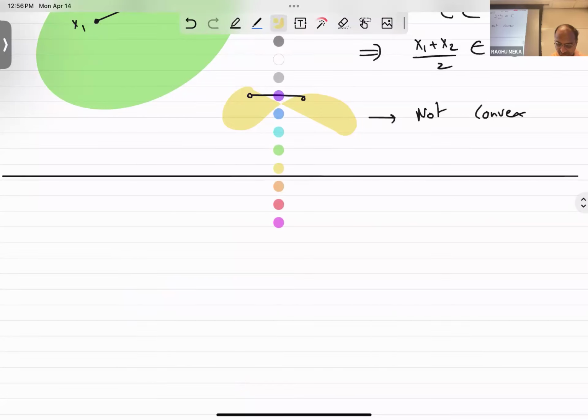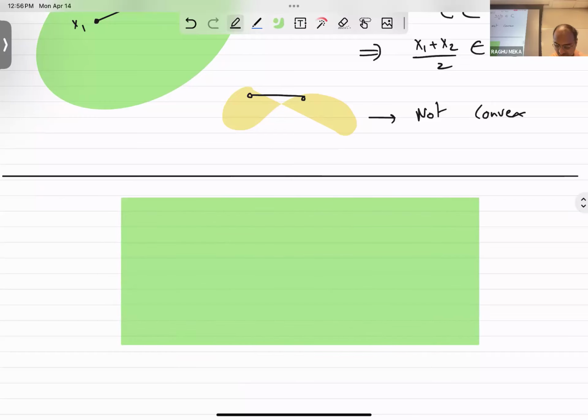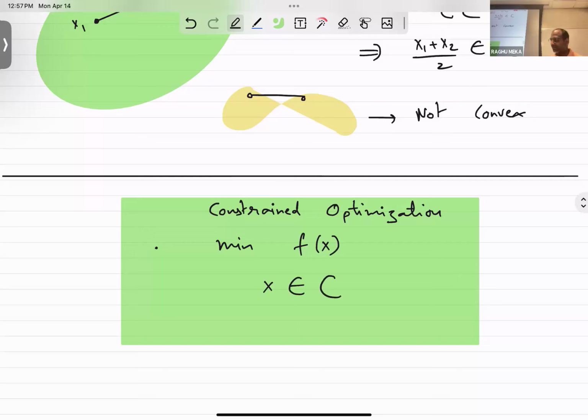So for example, constrained optimization means something like I want to minimize f of x while x is in some convex set C.